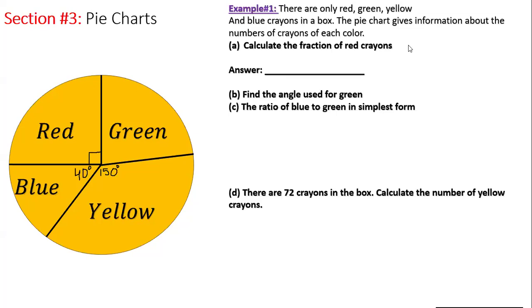A, calculate the fraction of red crayons. B, find the angle used for green. C, the ratio of blue to green in simplest form. D, there are 72 crayons in the box. Calculate the number of yellow crayons. Very good.